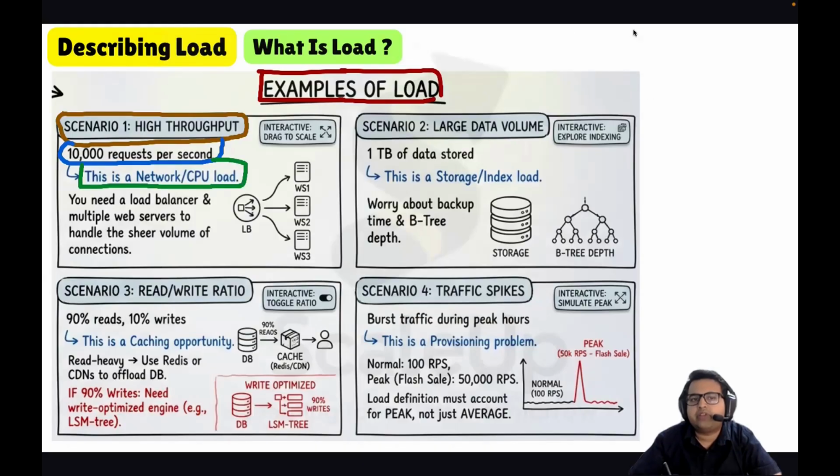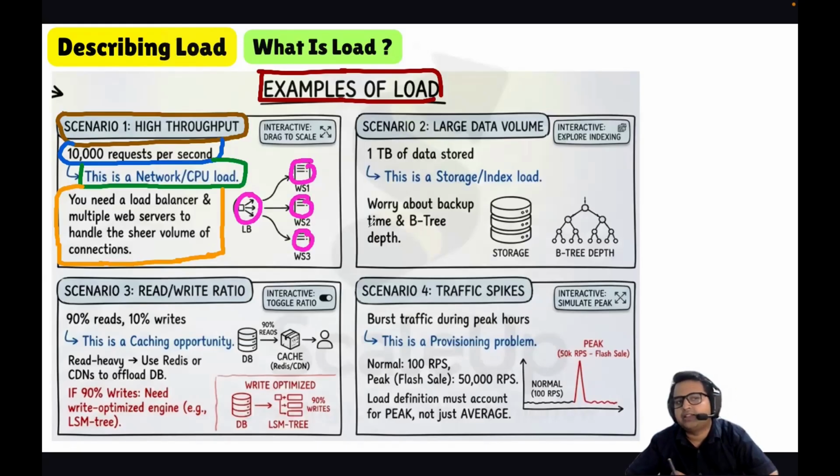For this high throughput scenario, you need a load balancer and multiple web servers to handle the sheer volume of connections. If you have a load balancer along with multiple servers, you can handle the high throughput of 10,000 requests per second, because using the load balancer, you can distribute the requests among multiple web servers.